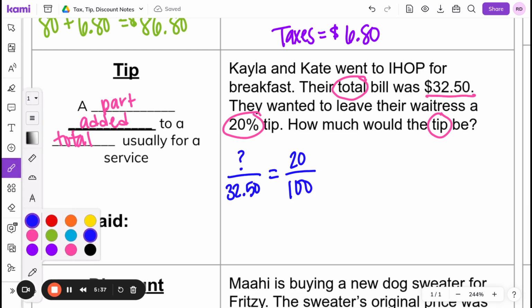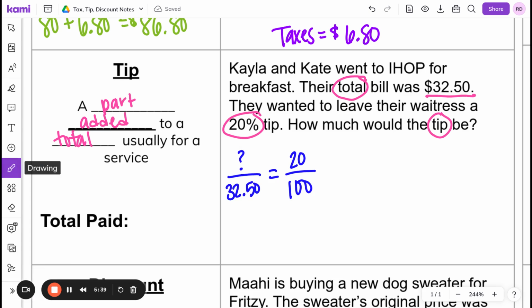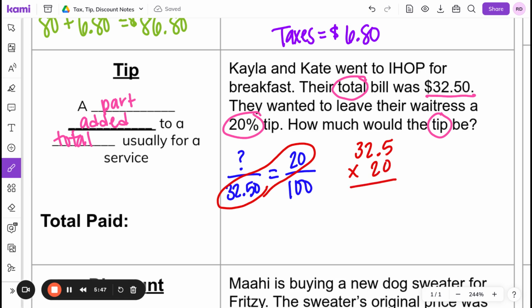So to solve this, we are going to cross multiply. So 32.5 times 20 gives 650, with one number behind the decimal.